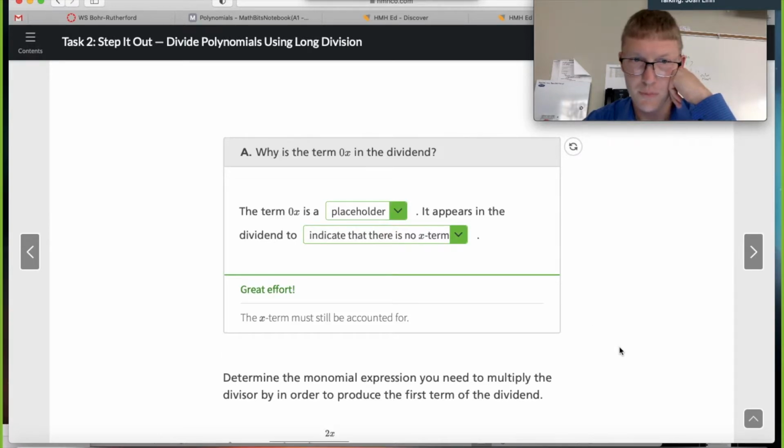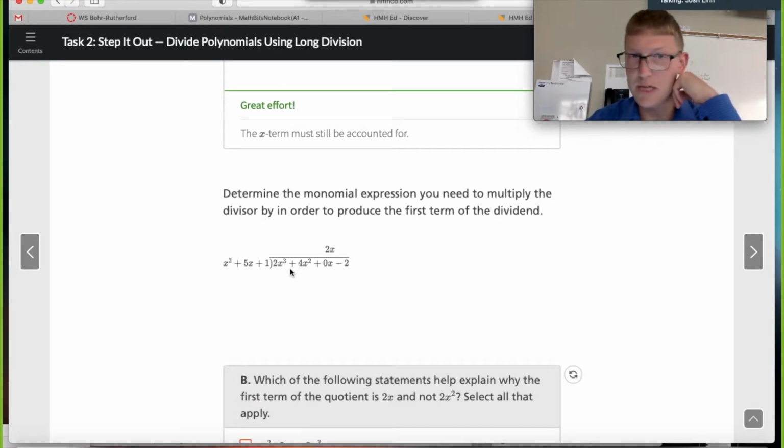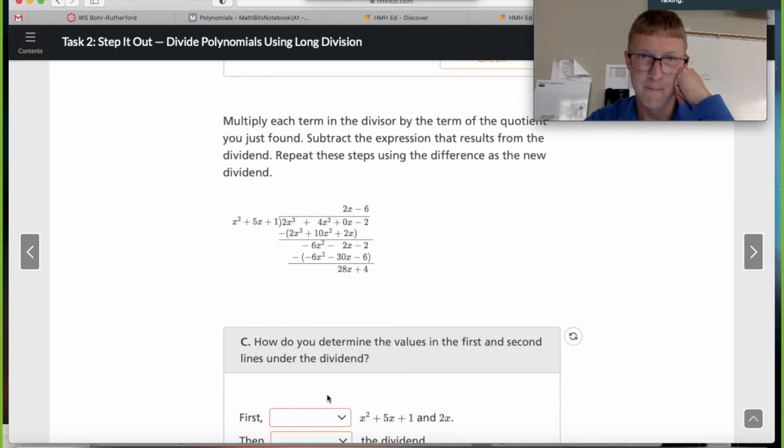Cool. So again, step by step, 2x, you're going to times it by the divisor. There it is. You're going to subtract it out. Then you're going to get your 1 right there. Negative 6.